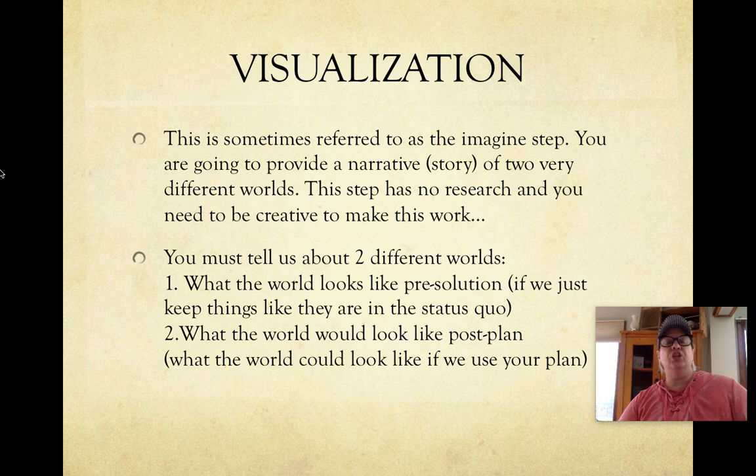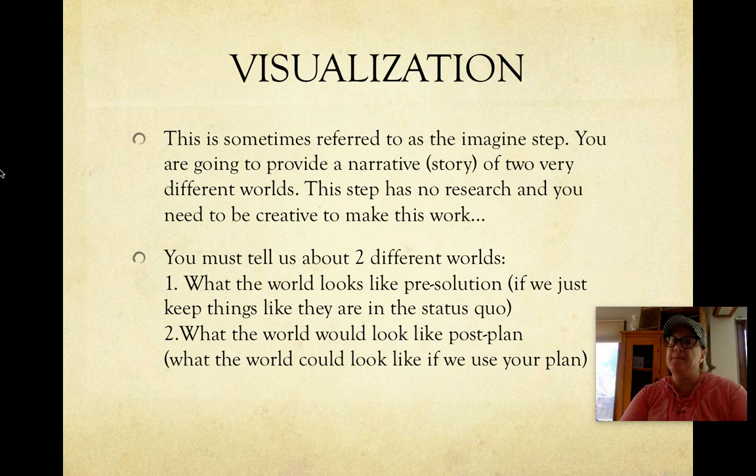What does the world look like pre-solution? If we stay at the status quo and we do not do anything, how's that going to look for our future? As compared to how it would look if we adopted your ideas. So that's what the visualization step is. I need to see both of those pictures.